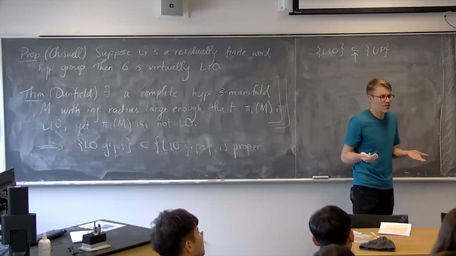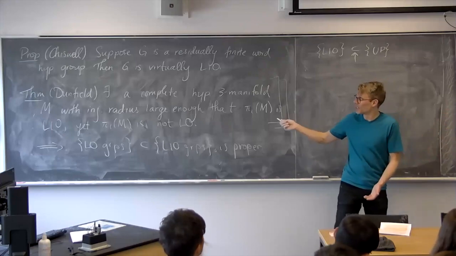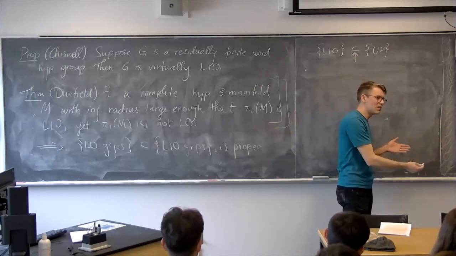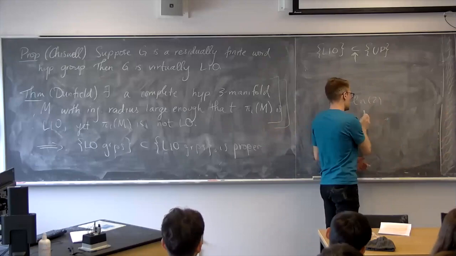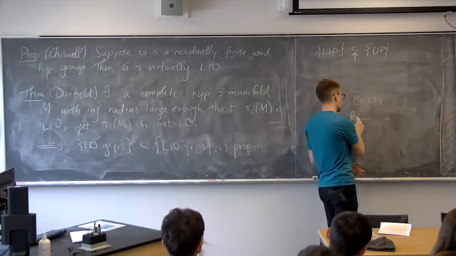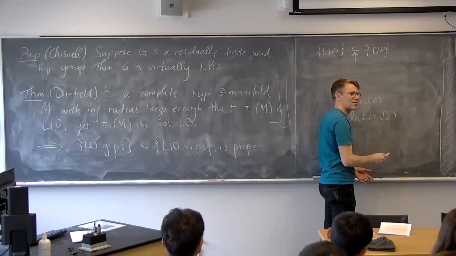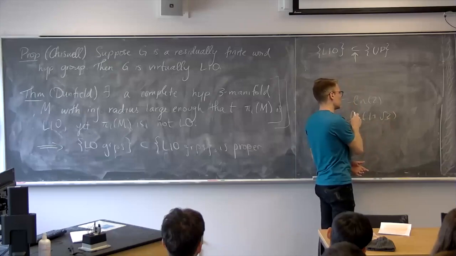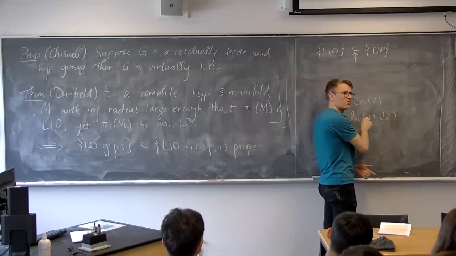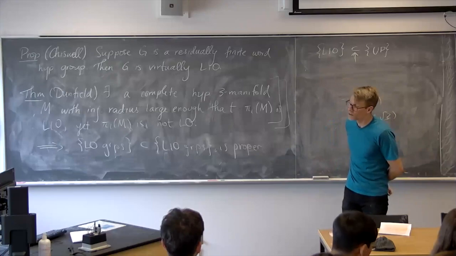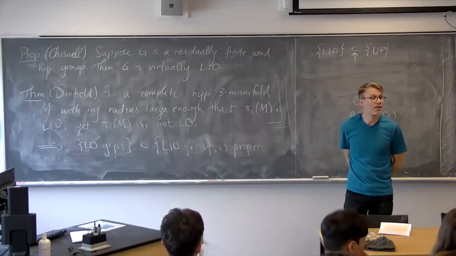But for hyperbolic space, the best delta for delta hyperbolic is log 2, and the best delta for the thinness of the triangles is, I think, log of 1 plus root 2. So in that case, I don't need 6 times this. I need 2 times this plus 1 of those. You see what I mean? For instance, you can take a finite index subgroup so that the displacement is as large as you want.